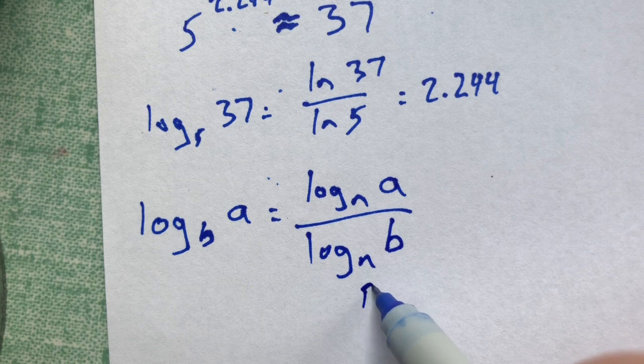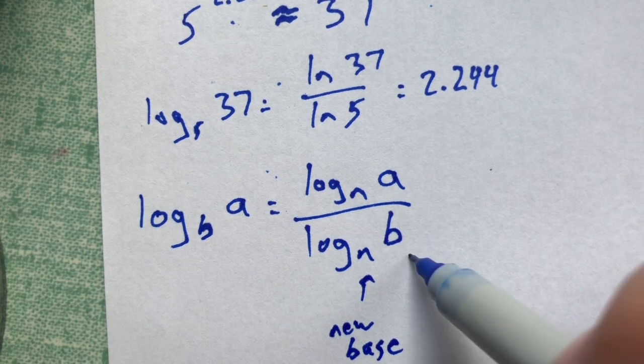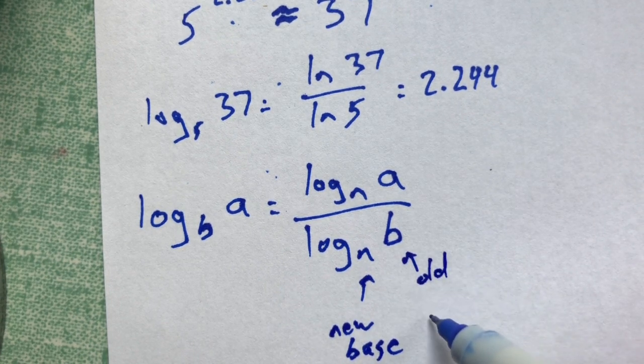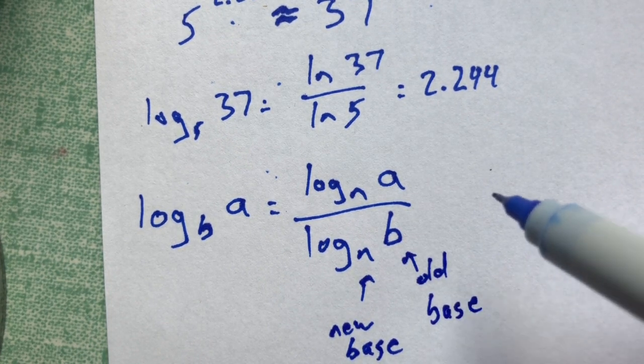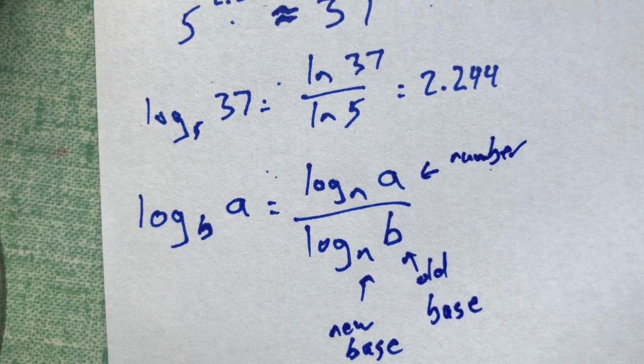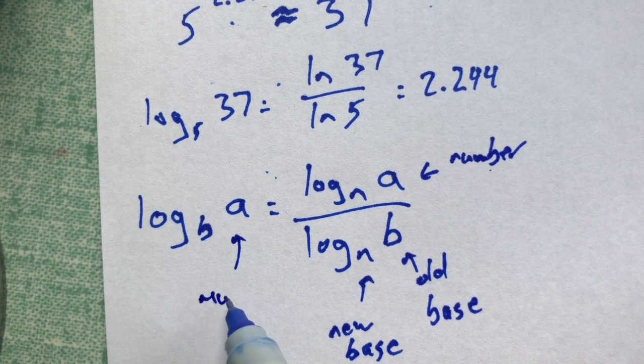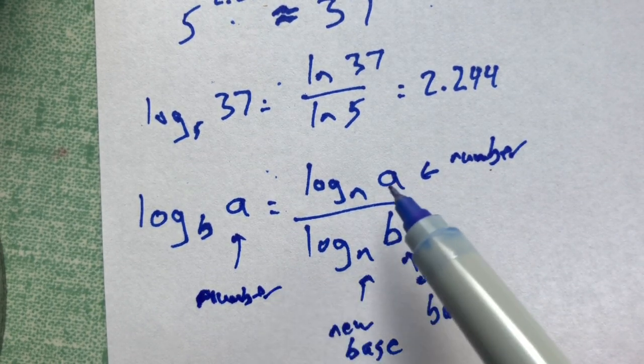All right, so n is our new base we're going to use. It's usually 10, could be e. And so this is our old base. And this is the number that we're interested in. I don't really have a good word for that, but we'll just call that the number. Same number as this one over here. So this number and this number are the same.